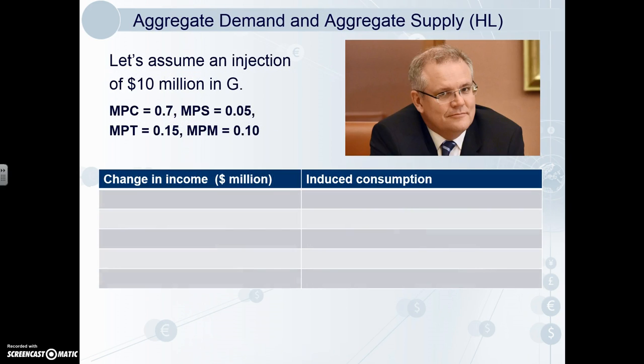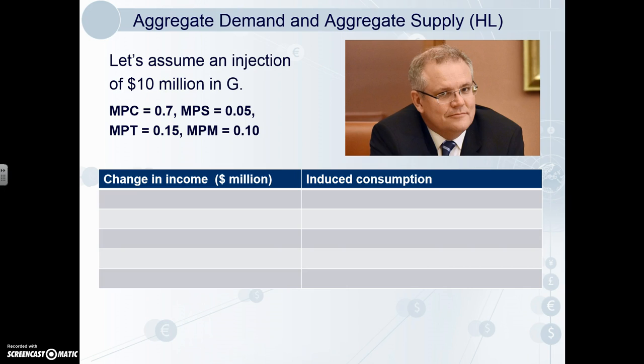We'll go through an example now to show how the Keynesian multiplier works. Let's assume that our friend, the Treasurer Scott Morrison, announces new government spending of $10 million in order to reward economic features. Great policy. Anyway, this $10 million is G, an injection. By knowing the marginal propensity to consume, we can see how much induced consumption there will be.